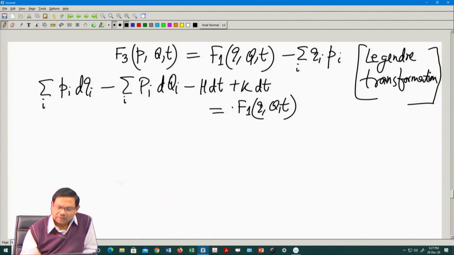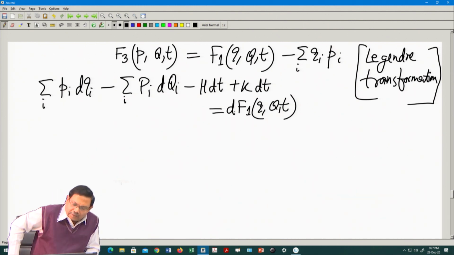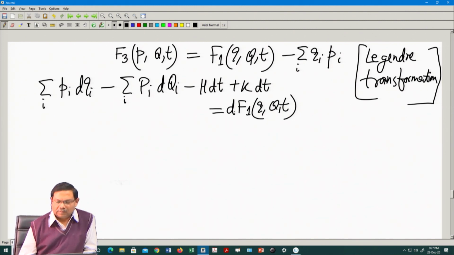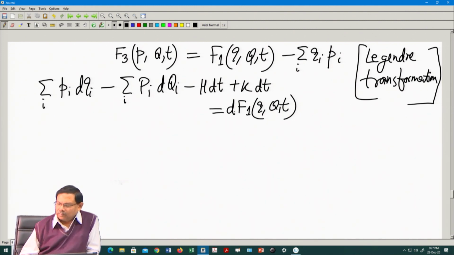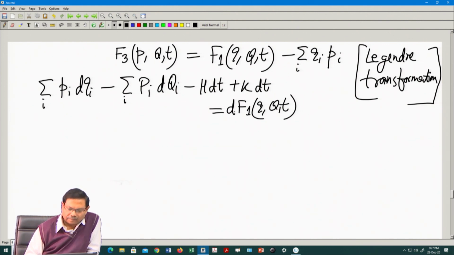So, this is the total derivative of this one, right, as we have done in equation 1 earlier. Okay.